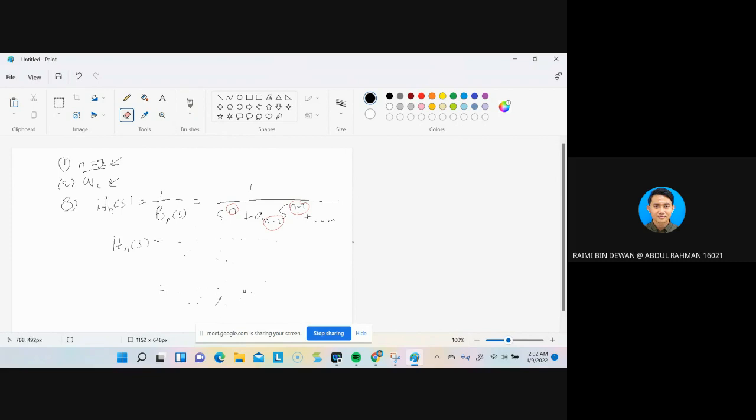For order filter 2, for example, I change this to 2. So 1 over s2 plus a2 minus 1, s2 minus 1.